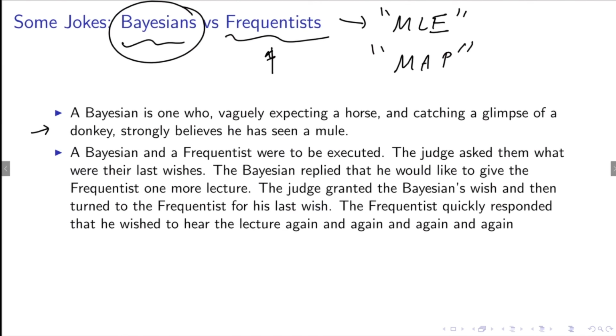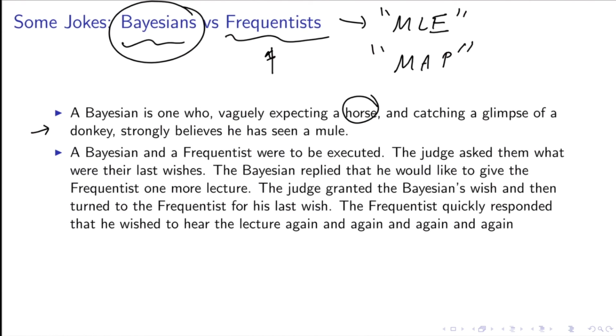The first joke says that a Bayesian is one who, vaguely expecting a horse and catching a glimpse of a donkey, strongly believes that he has seen a mule. A mule is a combination of a horse and a donkey. The Bayesian prior was saying that I am likely to see a horse.